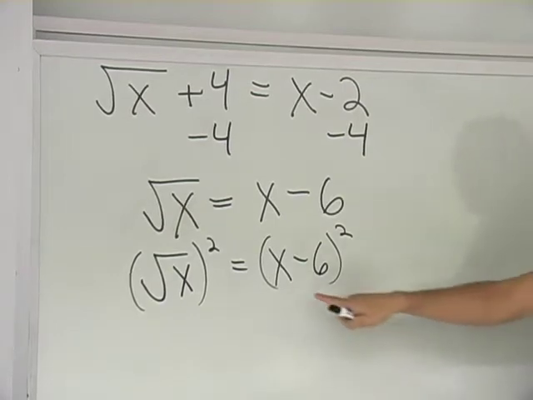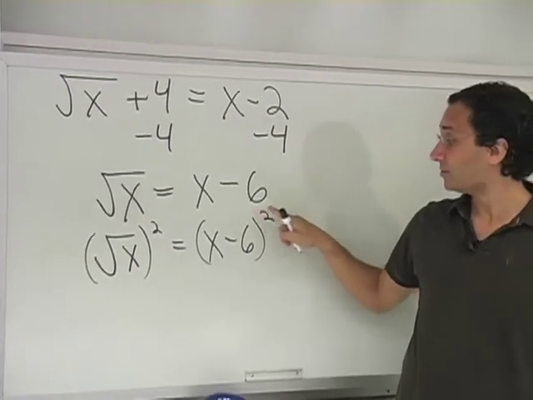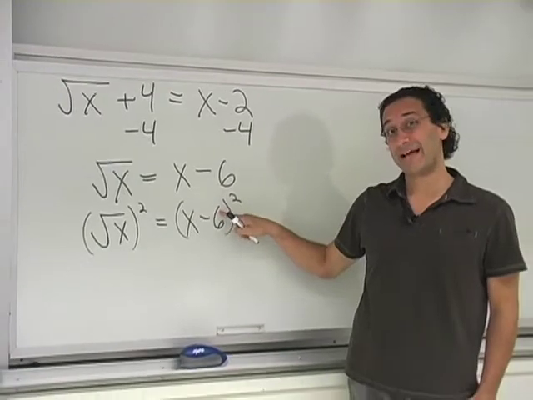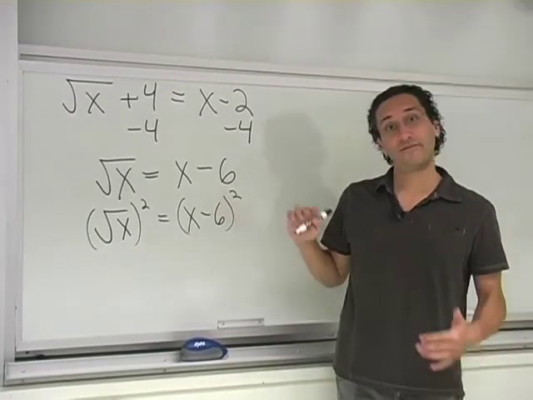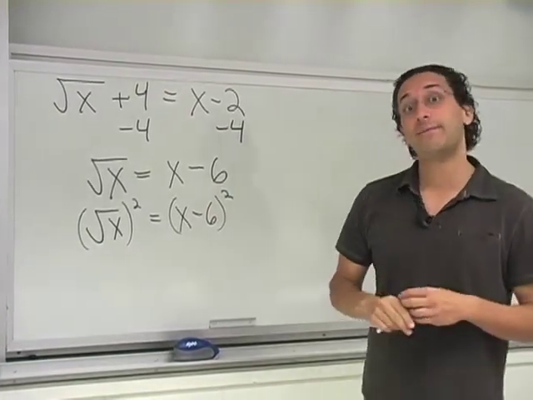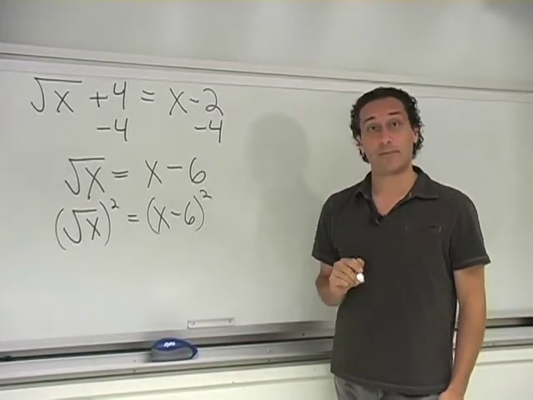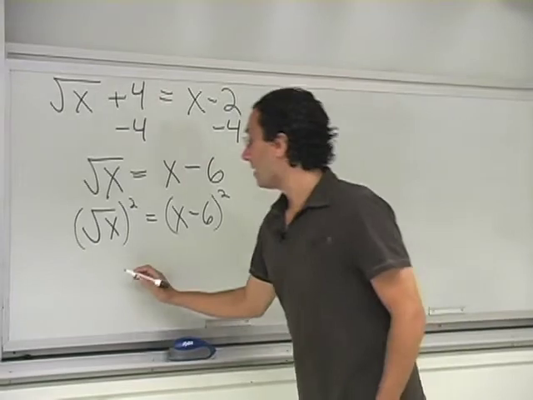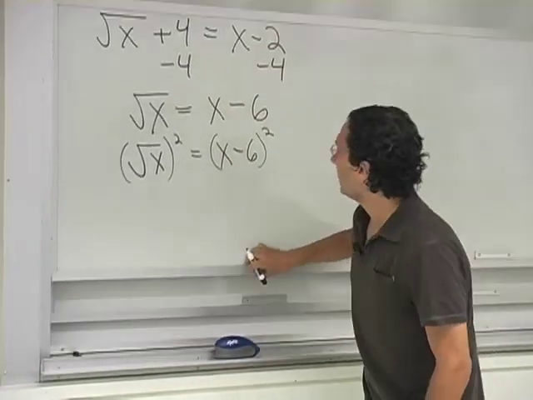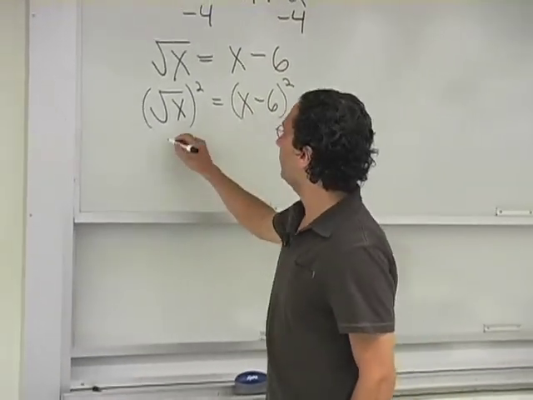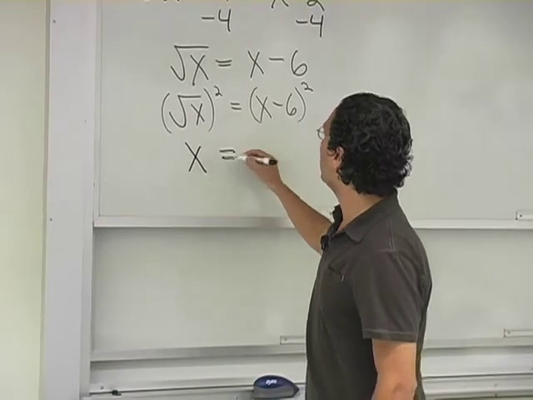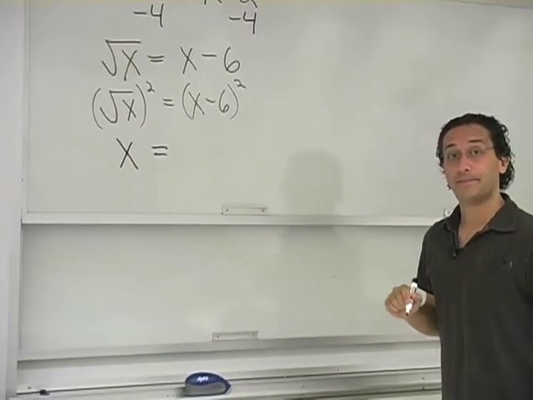Caution. Lots of students are tempted to take this 2 and distribute it. But that's actually not quite correct. And if you're unsure about it, in the misconceptions section of this website, I talk a little bit more about this. Instead of distributing it through, the left-hand side is just x. You need to FOIL that guy out.